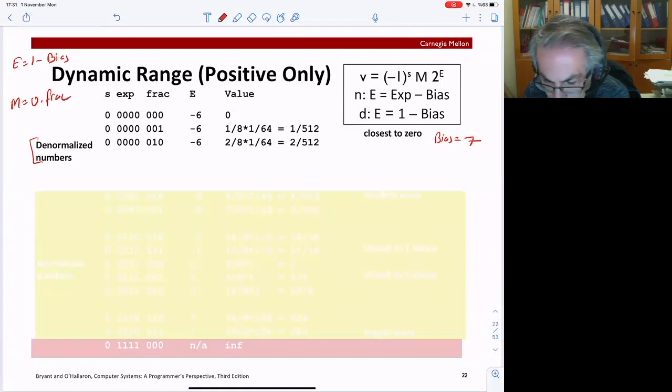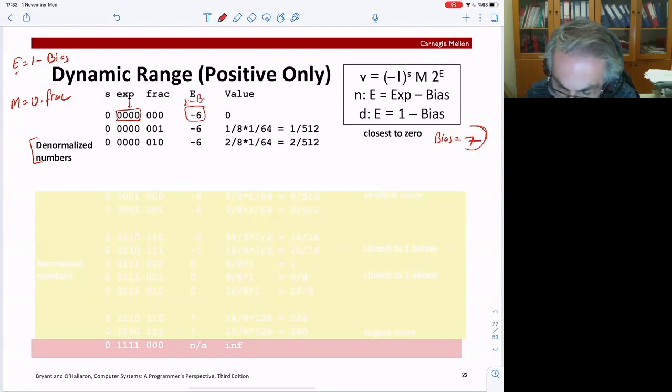It's a denormalized number because the exponent is all zeros. Since the exponent is 0, that's how I know it. So the E value is 1 minus bias, where bias is 7, so E is minus 6.